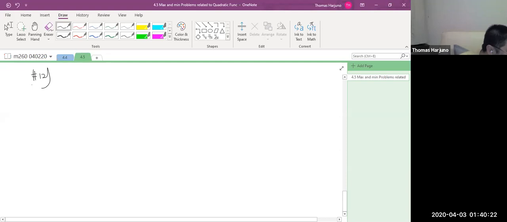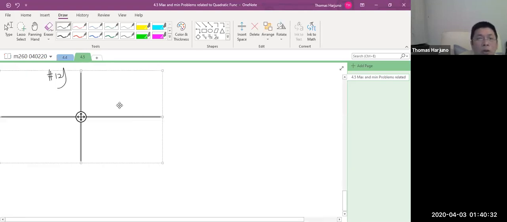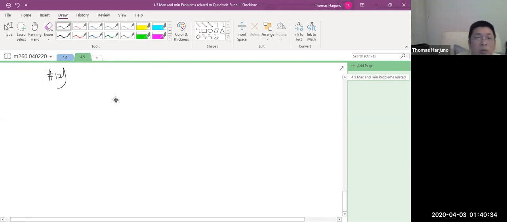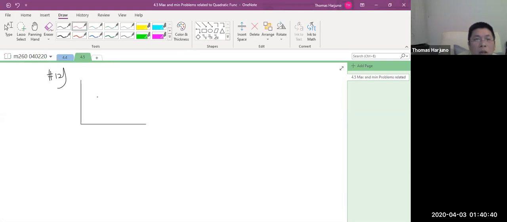Find the point on the curve y equals square root of x nearest to the point 3, 0. Let me try to sketch that. Then I have y equals square root of x, and I have the point 3, 0.